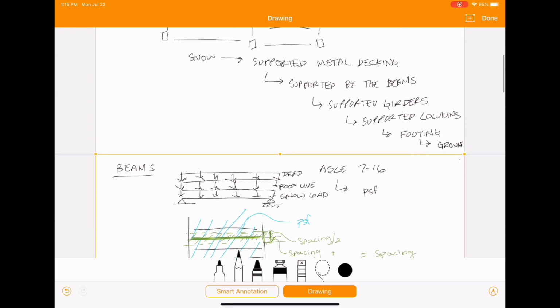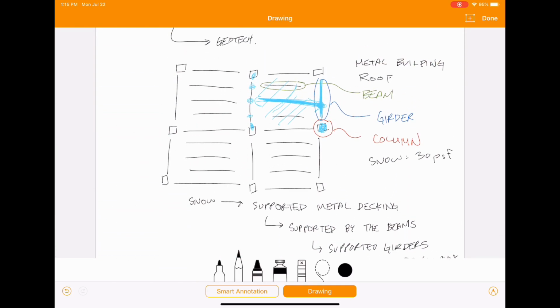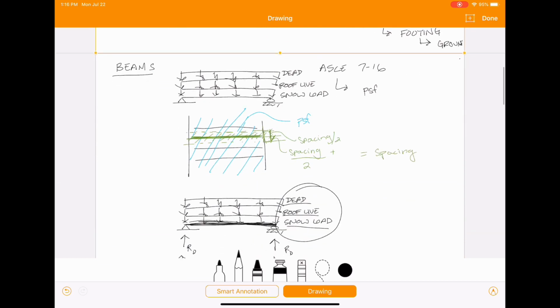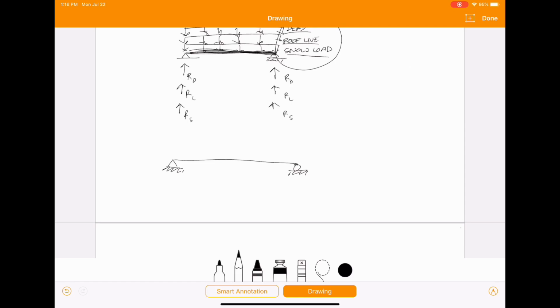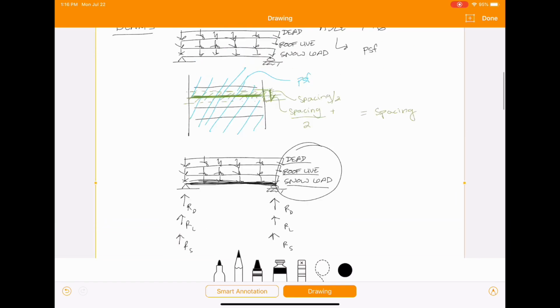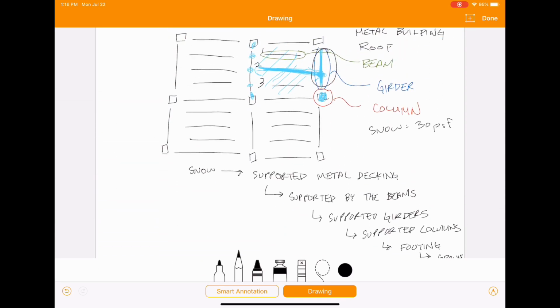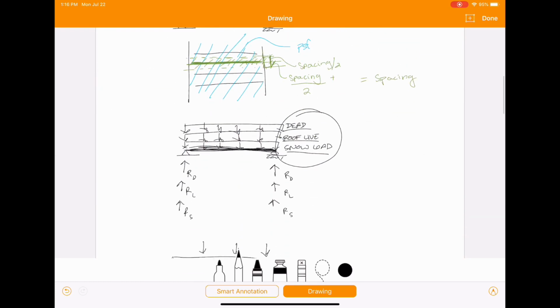So if we come back up here, we see that there are 1, 2, 3 beams being framed into that girder right there. If you look up here, you can see that when these beams rest on this girder, they're going to apply point loads where they're being framed into that beam.